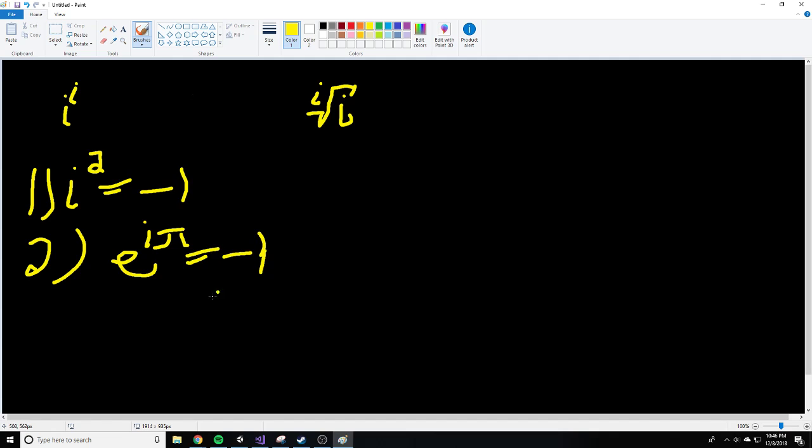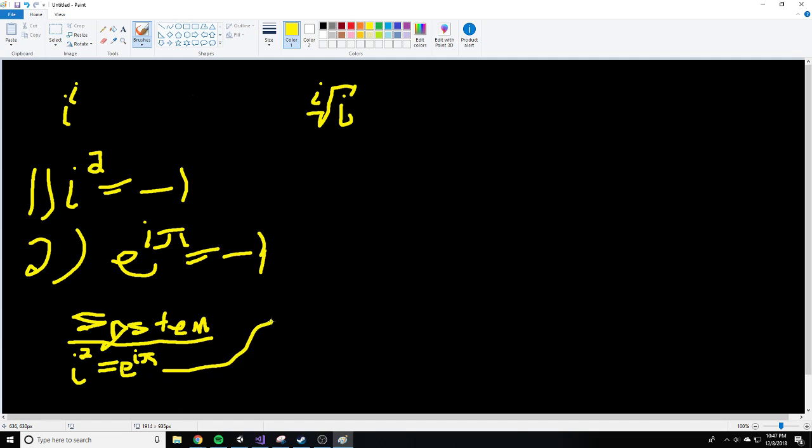So I can set up a system here, and this is going to be that i squared, if we substitute for the -1, is equal to e to the i pi. Now we have a nice little relationship between e to the i pi and i squared.